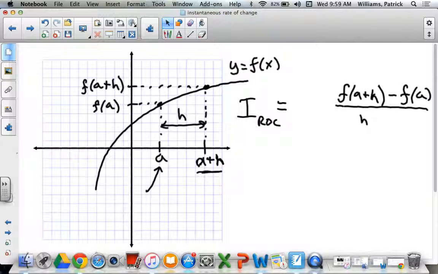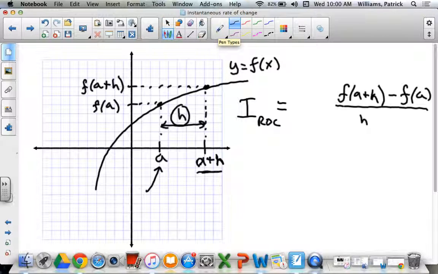Well, look at it right here. Remember I said instantaneous rate of change is infinitely small rise over infinitely small run. When we look at this value h, that doesn't look infinitely small to me. That looks like it's some noticeable change. So how can we make it infinitely small? Think back to the previous unit we discussed. What if we instead created a limit as h goes to 0?